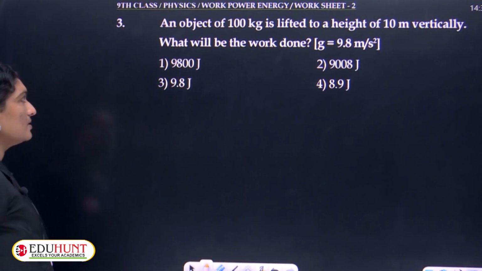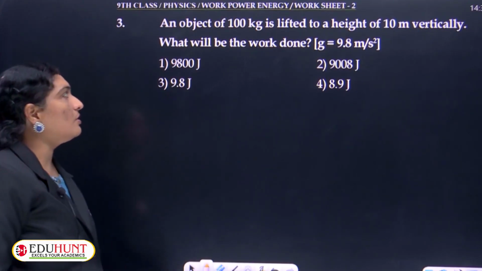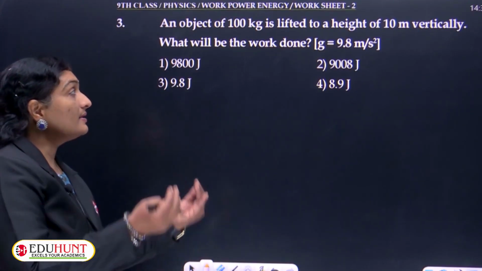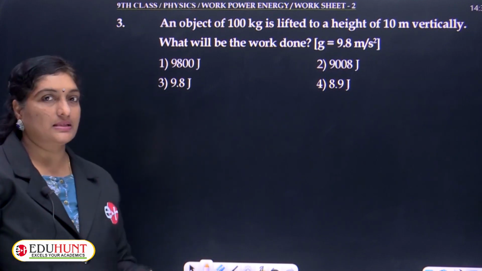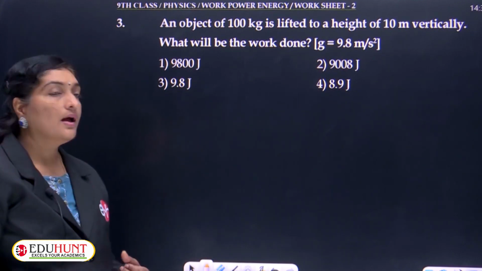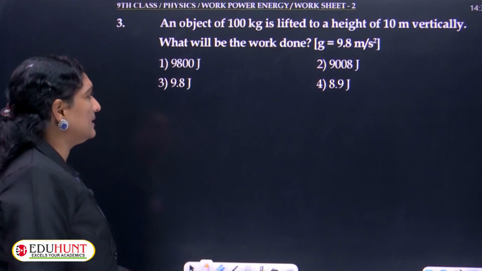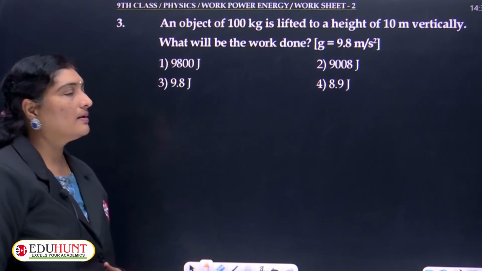Now moving to the next question, the third one: an object of 100 kg is lifted to a height of 10 meters. Mass is given as 100 kg, height is given as 10 meters vertically. What will be the work done?